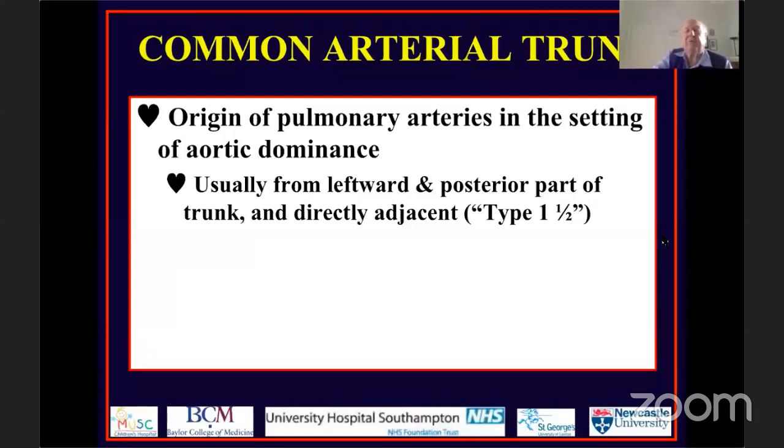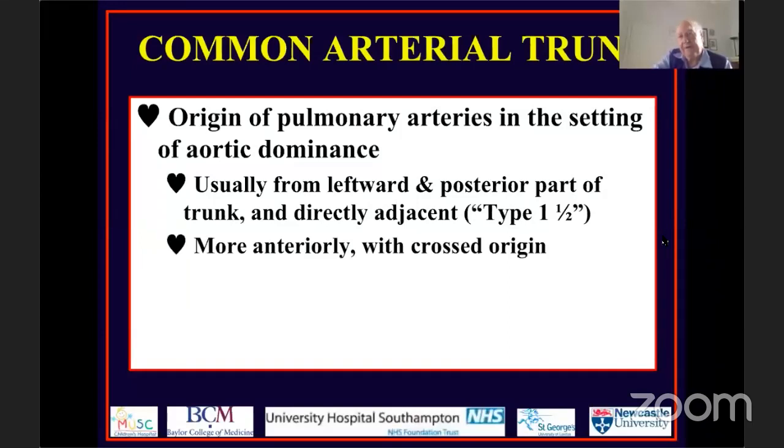So we also need to take note of the particular arrangement of the pulmonary arteries, and this is most important when we have aortic dominance. Most usually they arise leftward and posteriorly, often directly adjacent to one another. And this is the problem with the numeric approach to classification, because typically this is neither type 1 nor type 2, and many might call this type 1.5.